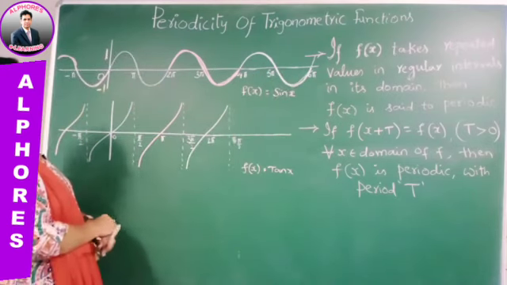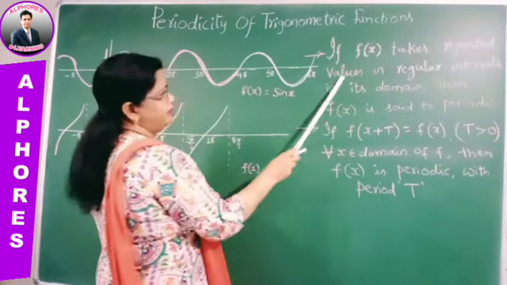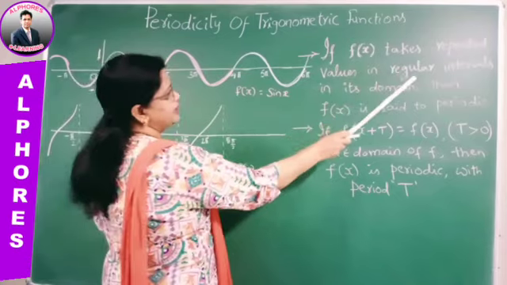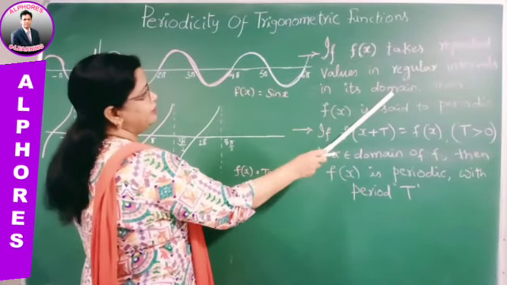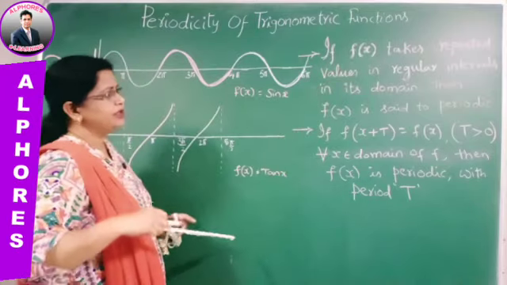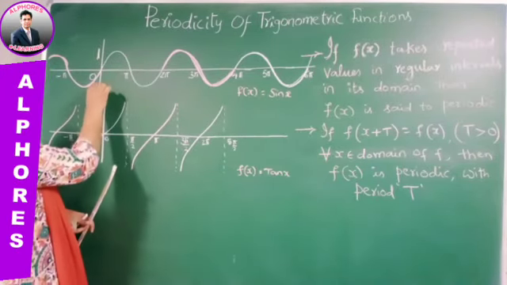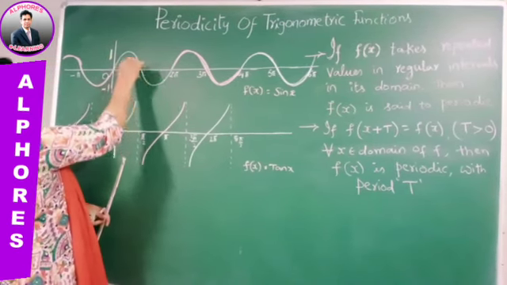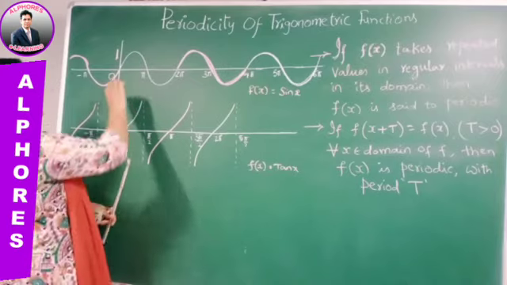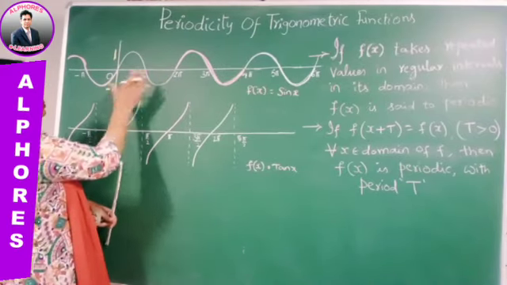That means the function is taking repeated values in regular intervals for all x values, that means in its domain. It covers all values from -1 to 1 in the interval 0 to 2 pi.